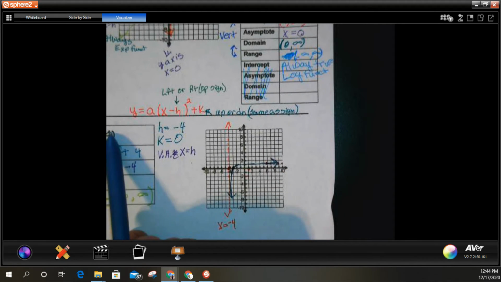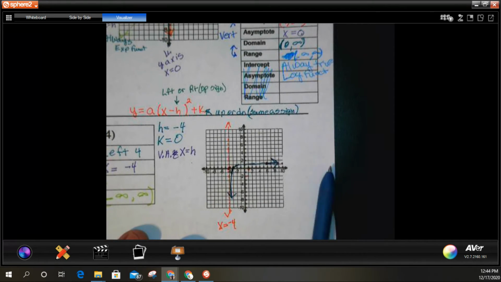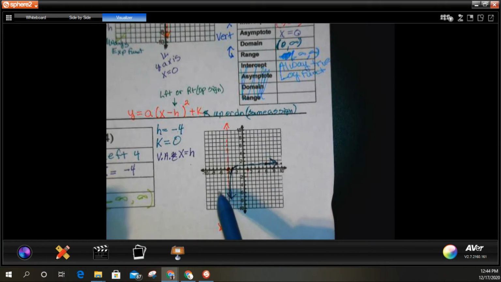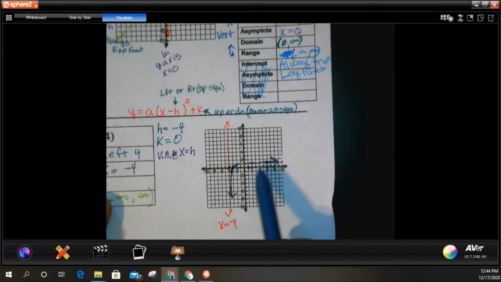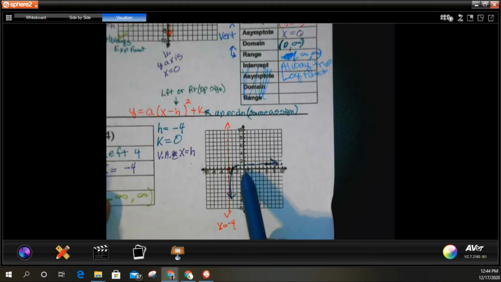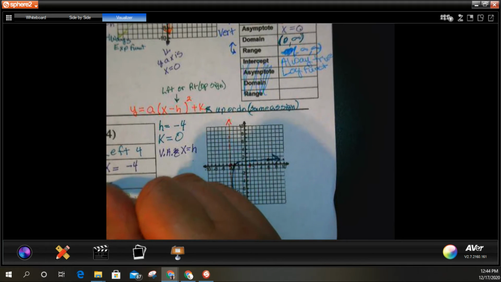Okay. Now, my domain makes a lot more sense. Now I can see it. My domain is going to go all the way out here to my vertical asymptote at -4, but it's never going to touch it, so it gets that parenthesis. And then it's going to go out to positive infinity.